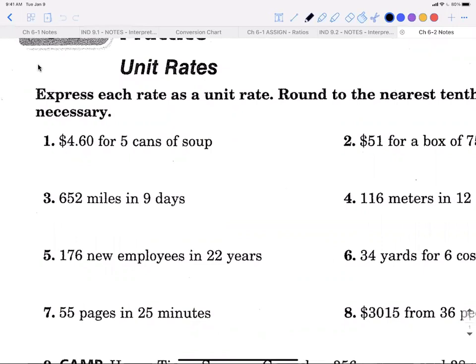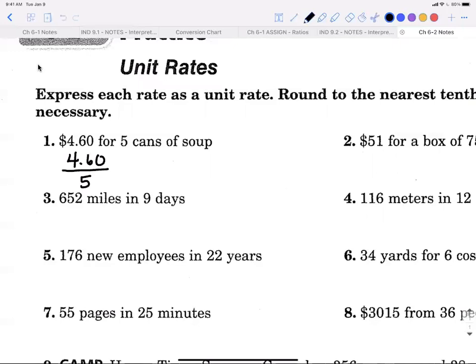You still set up a ratio and you put $4.60 per 5 cans. Now you can do this, and I want to test out something to see if it would help to do it this way every single time. It still turns out being the same thing.